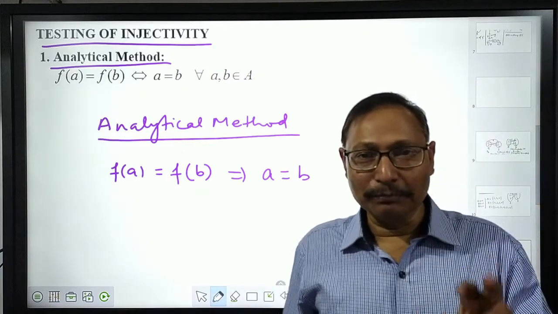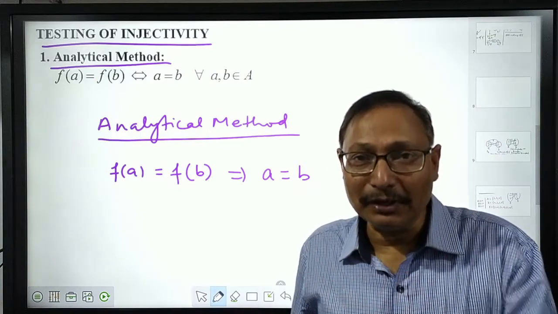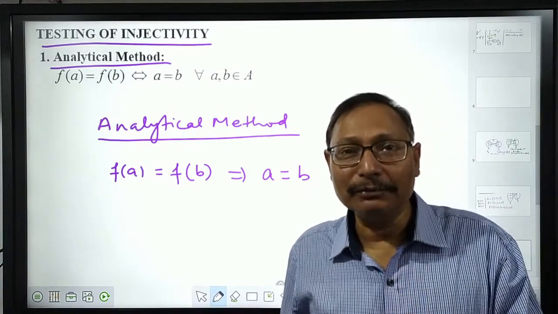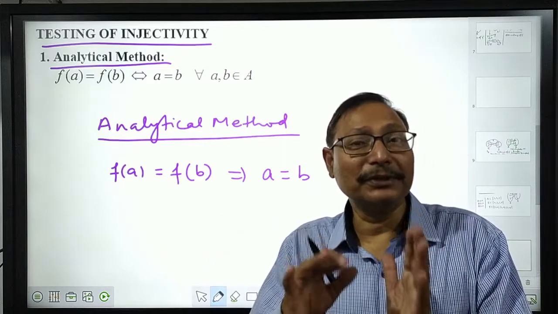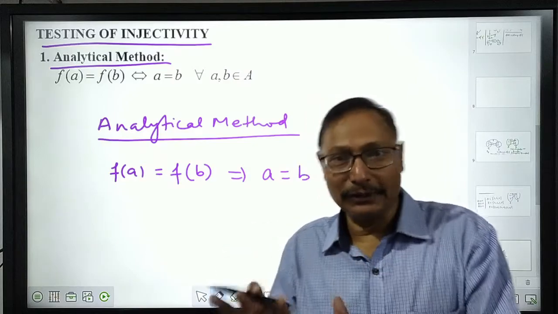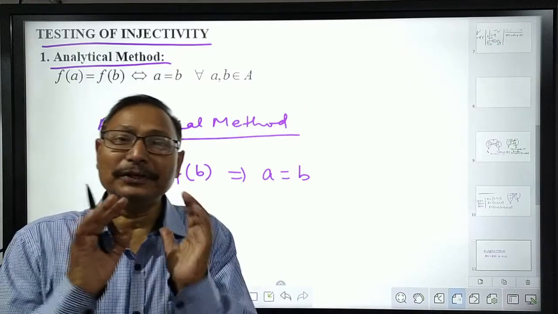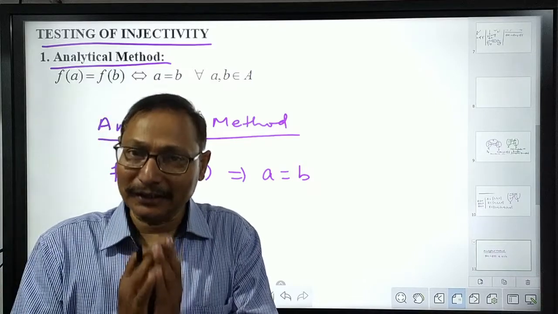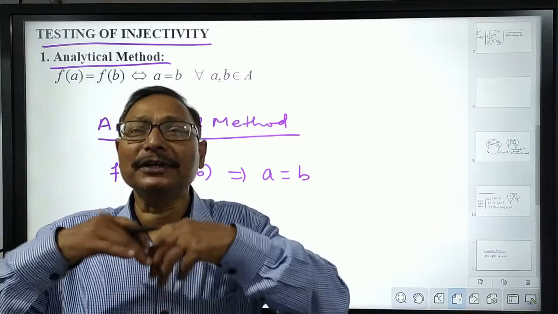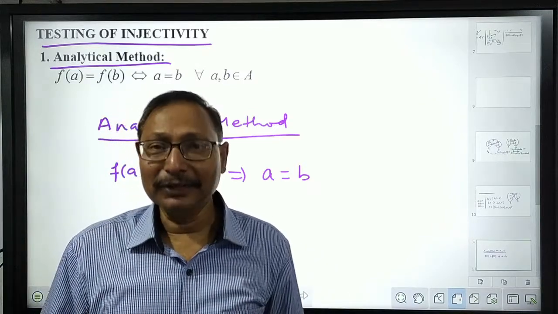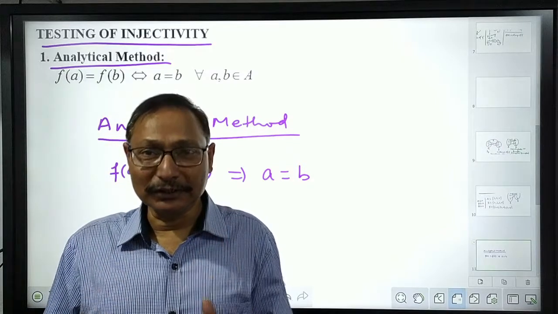For any function to be one-one, we need different images for different elements of the domain. If different elements of the domain have different images, then the function is one-one or injective.